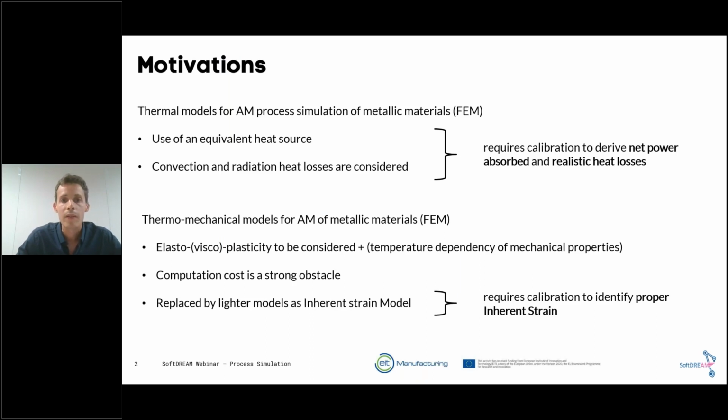In order to model the thermal history in additive manufacturing, most of the time we have to use simplified models.